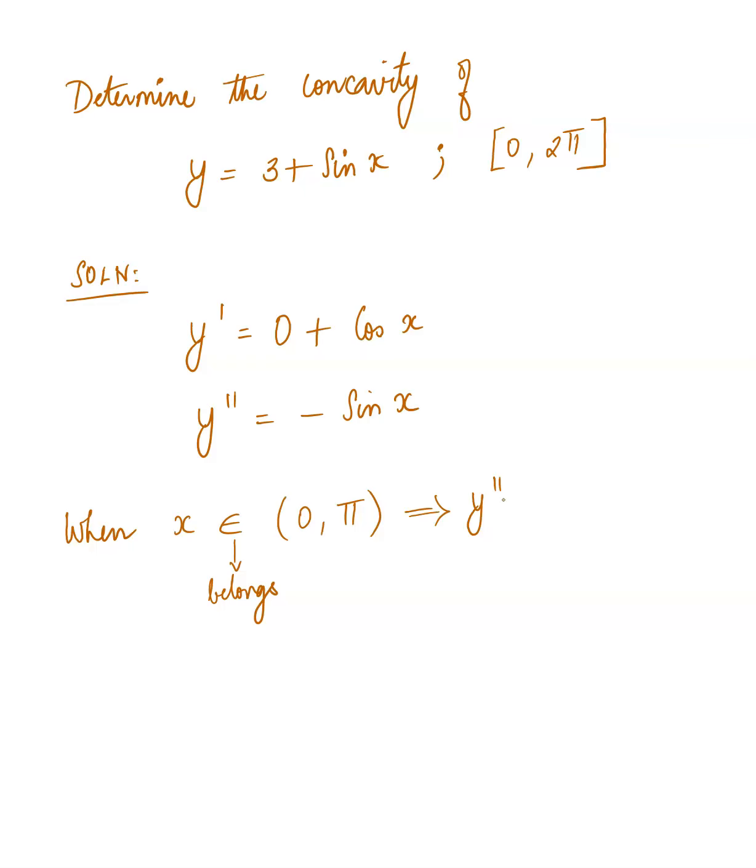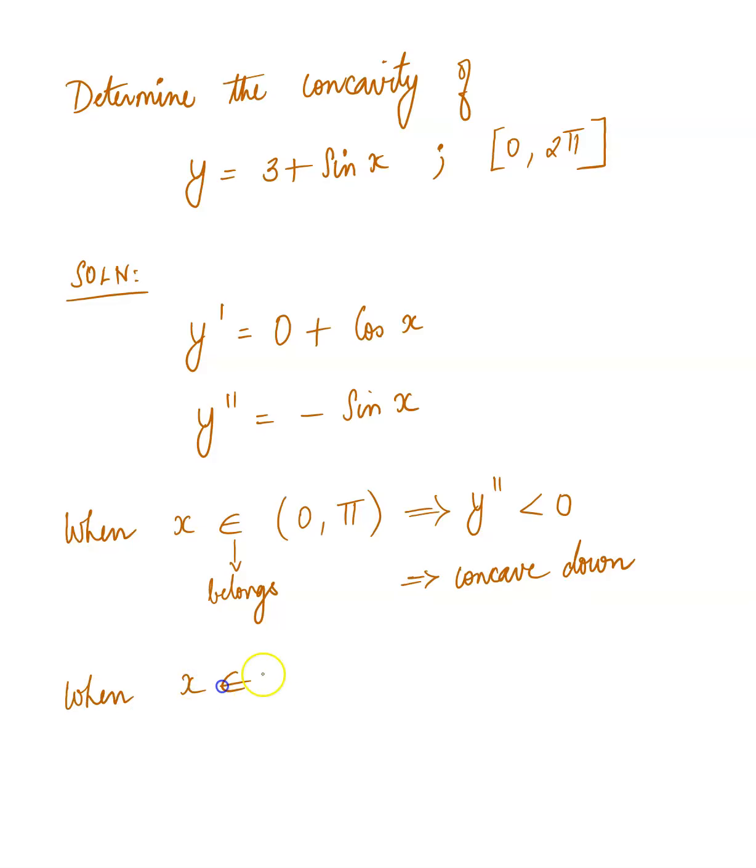So choose a test point, let's say 3, and do a negative sign, and make sure that it's in radian mode. That comes out to be negative, which means it's concave down over that interval 0 to pi.